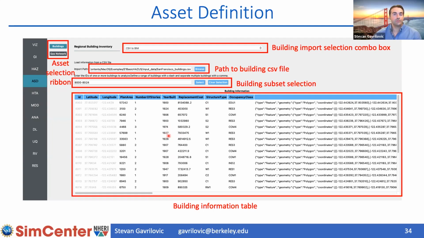And anything you edit or change here gets reflected in the input file going forward downstream. So your original CSV file won't be touched, but a new CSV file will be created in the working directory of R2D with all that new information that you've added or edited here.